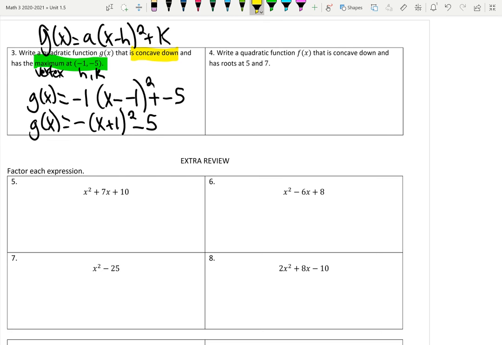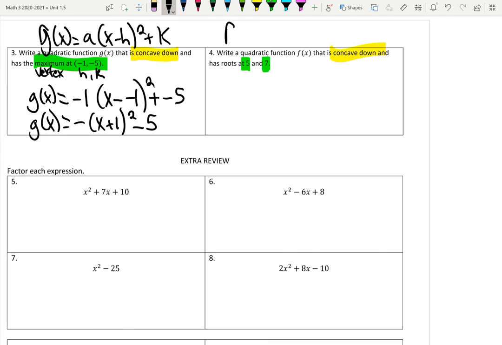Similarly, write a quadratic function that is concave down, and it has roots at 5 and 7. So meaning the roots are the 5 and 7. The answers are 5 and 7. So let's go ahead and try to create something in factored form.